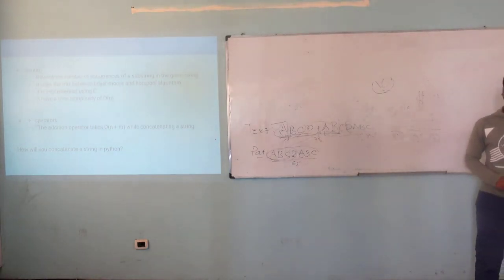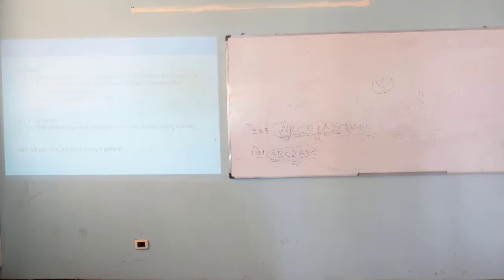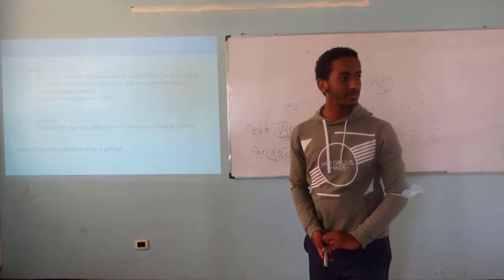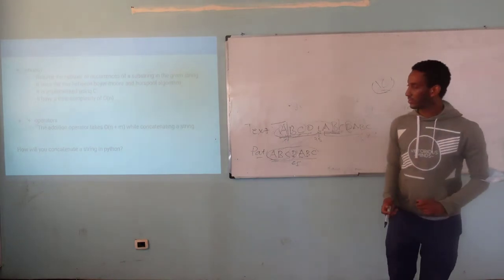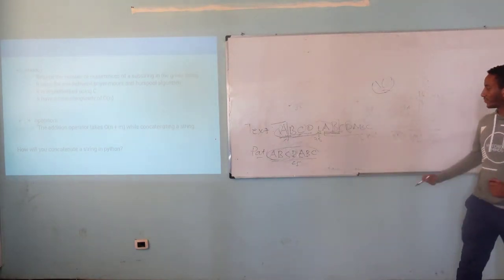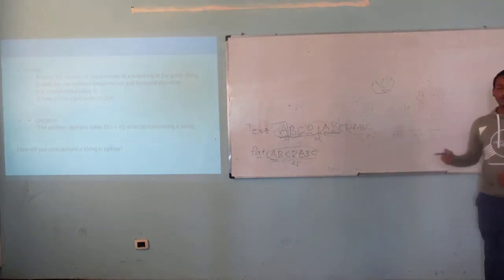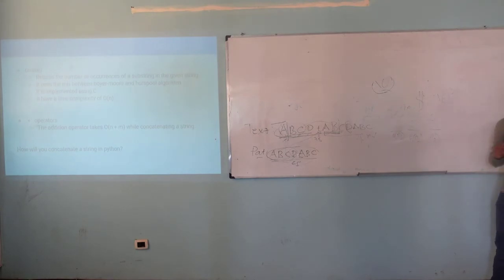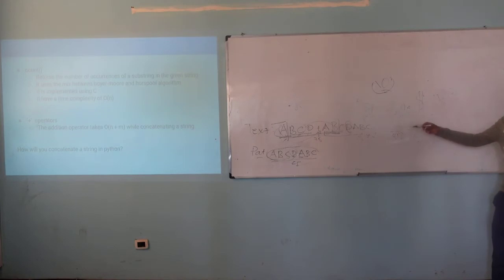Okay, I have a question. So the join, it will allocate enough memory to hold the entire string, and then it will append. For example, when you have two strings, it would work the same as the addition operator.